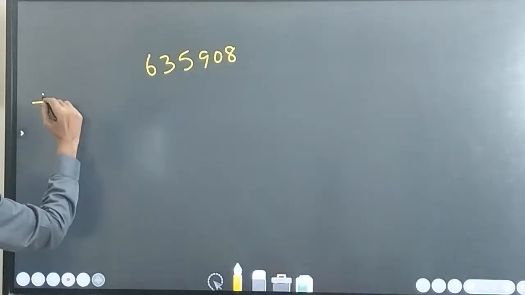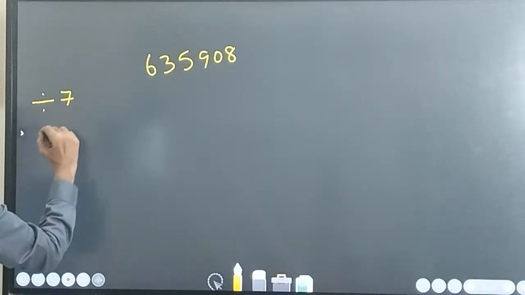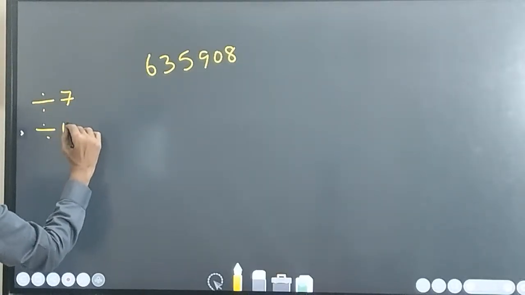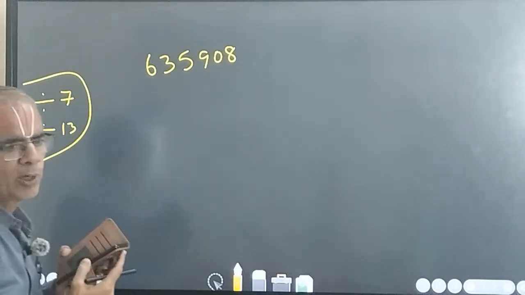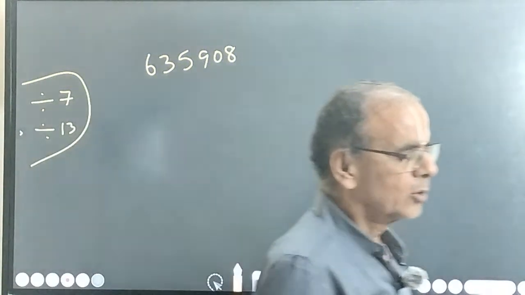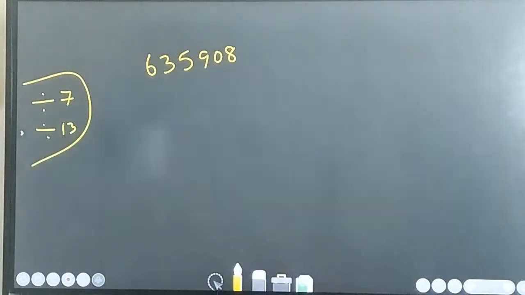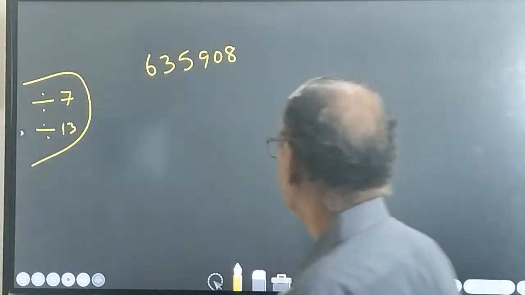Now we are going to see for 7 and 13. இது ரெண்டுத்துக்கு ஒரே ரூல் தான், same rule is followed. If you know the technique, easily you can find out whether that number is divisible or not.